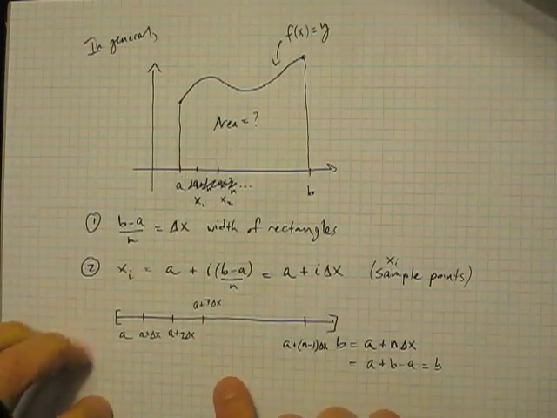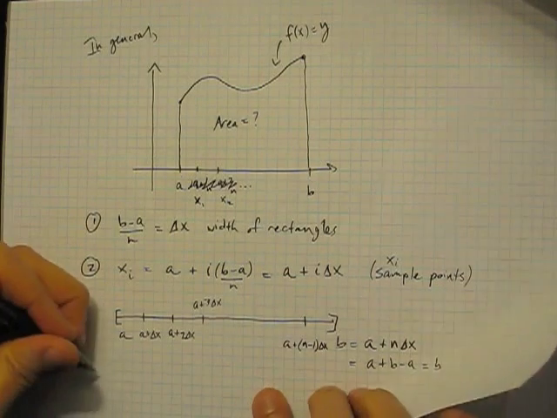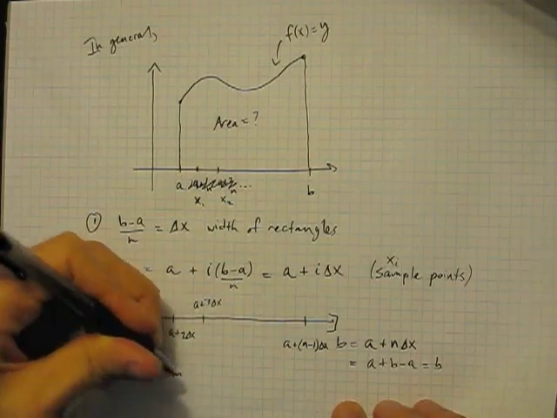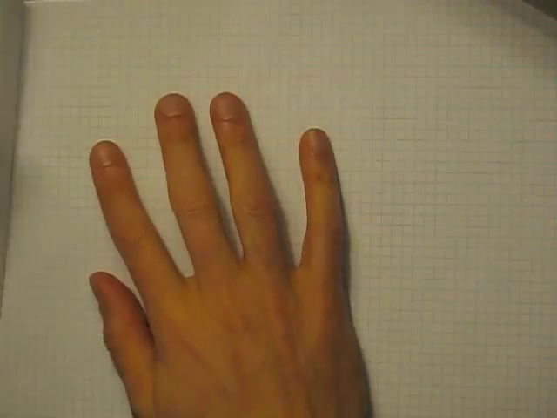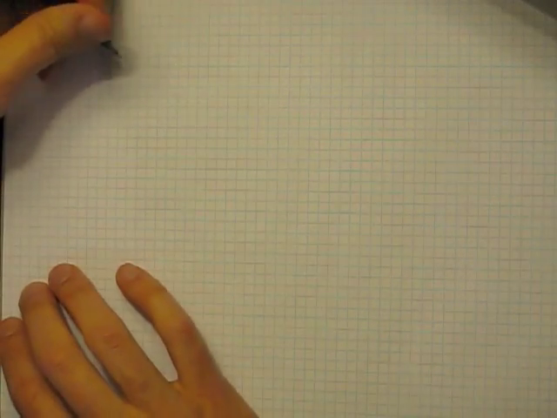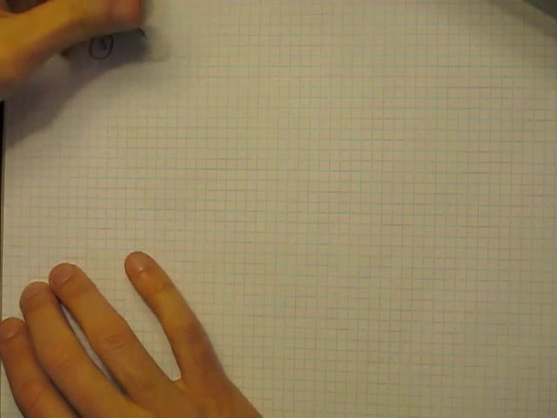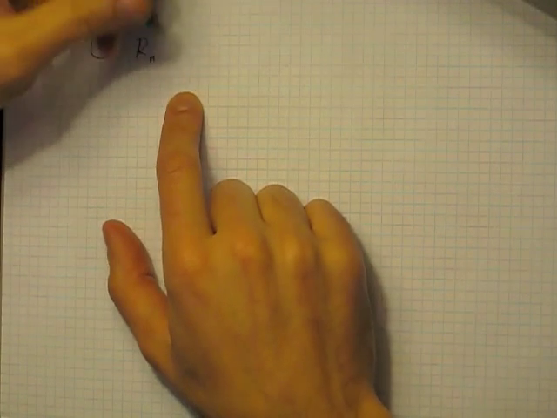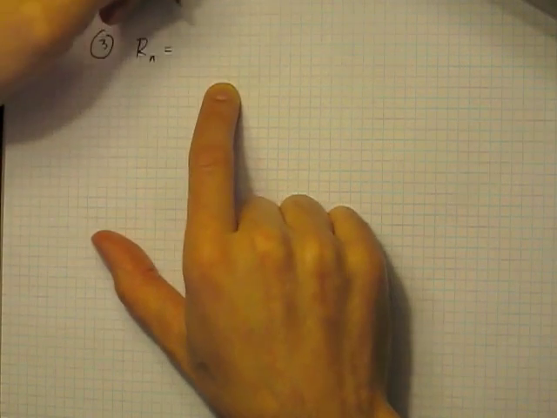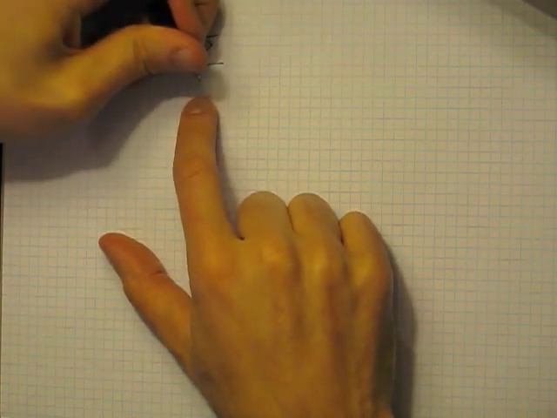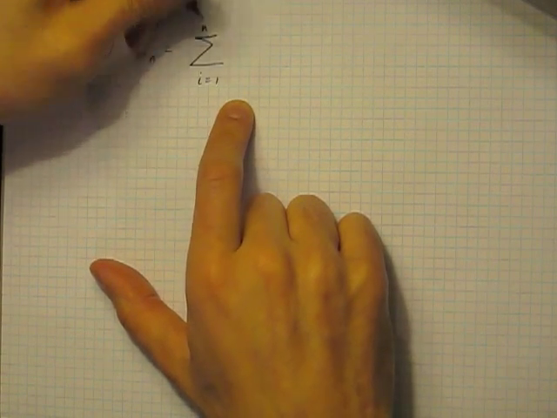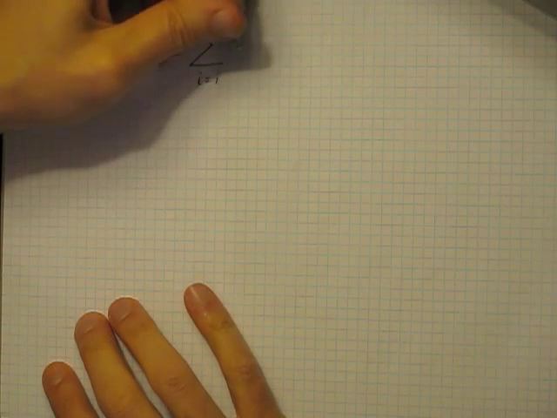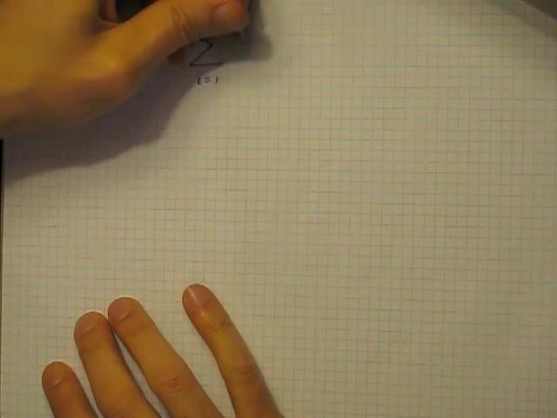And then step 3, we form a sum. So these are, again, for right endpoints here. In step 3, we form a sum. So we're summing i's starting at 1 and going to n, and we're taking our delta x.